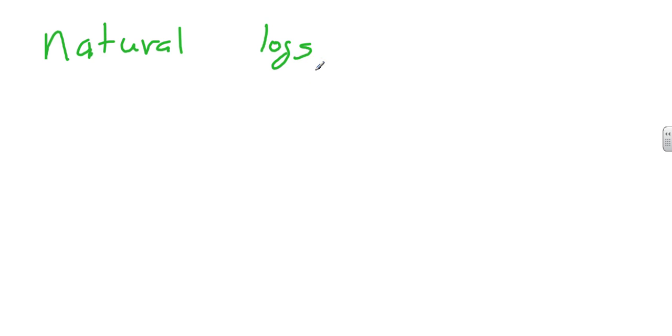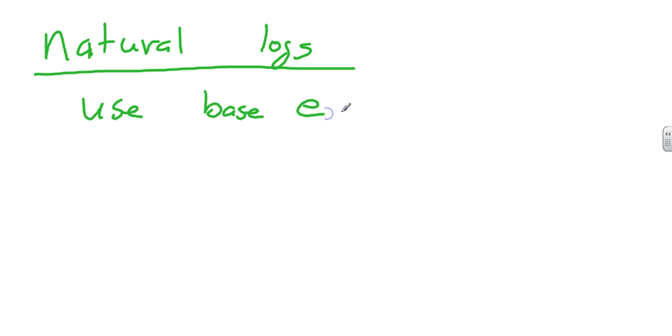When they talk about natural logs, this is what we talked about back in section 1, when you're doing the financial stuff and you've got the E that pops up. This is base E. E is one of those numbers that's 2.718, and then it has a runoff number that keeps going.